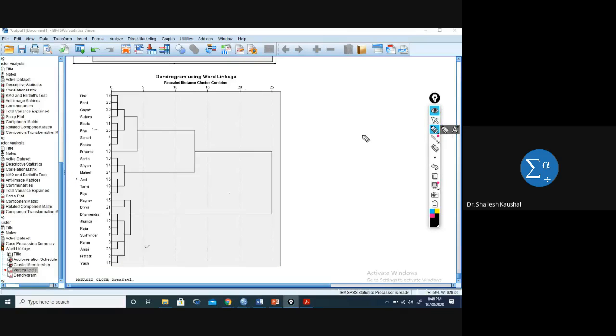Agglomerative means when we move from left to right, we club the respondents here. One means respondent number 13 and respondent number 22. They are more similar. Pinky and Rohit, I already told you, and I have shown you their choices.